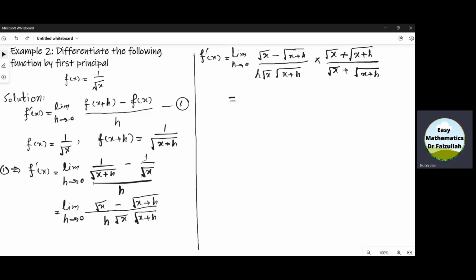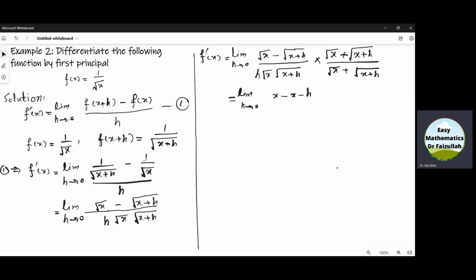minus b square. So according to that formula, we write limit h approaches 0, under the root x whole square, so we get x minus under the root x plus h whole square. So from this we get x plus h if we multiply minus inside here.